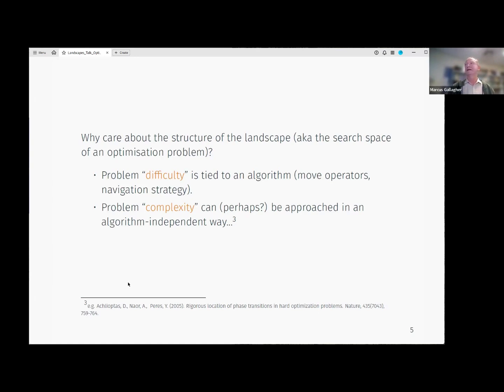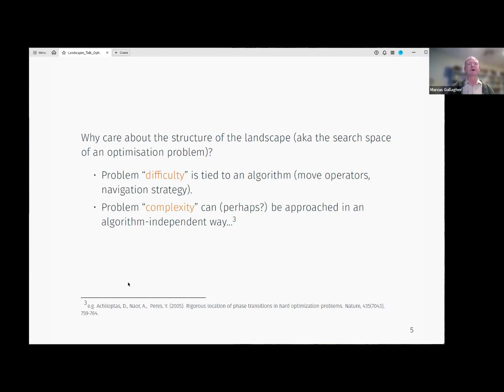So that starts off a lot of work along lines like automated algorithm selection, where we try and construct pipelines that can perhaps do some analysis of the problem and then from that decide which algorithm or which algorithms to run. Maybe that can even be done dynamically. So that's the first point.